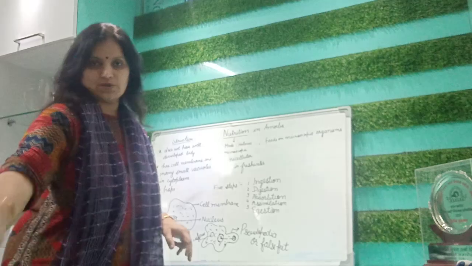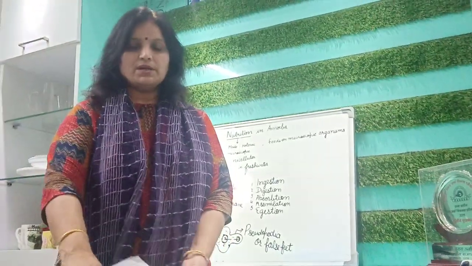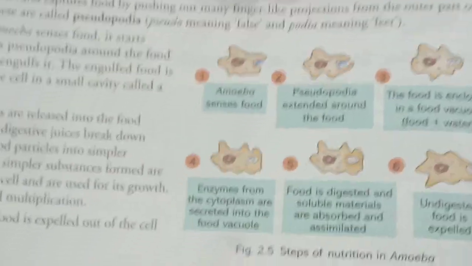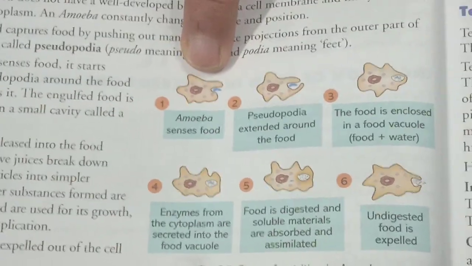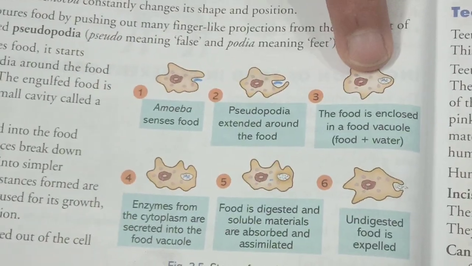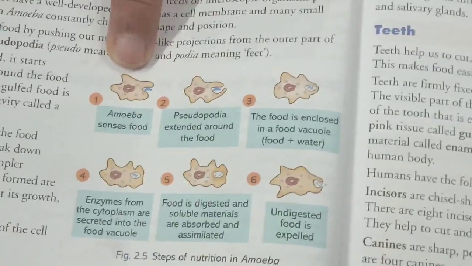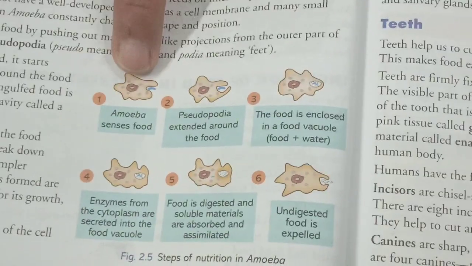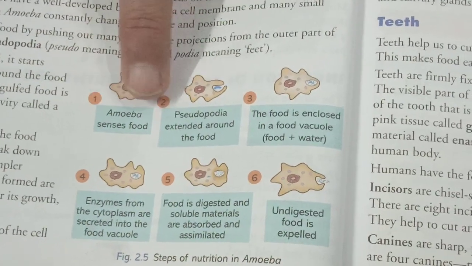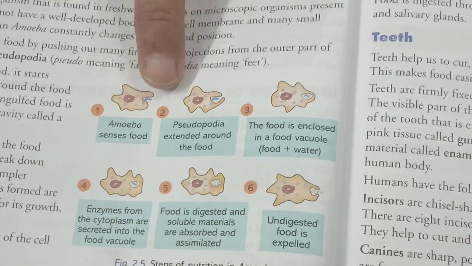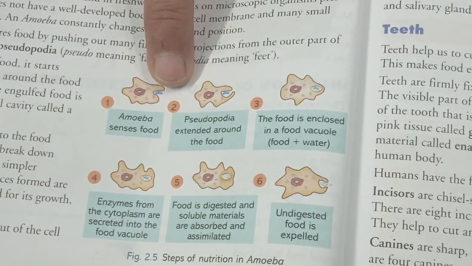Now I am showing you this diagram. Please focus on this diagram. In this diagram, all the activities have been shown stepwise. In the first diagram, it has been shown that amoeba senses food. Whenever a food particle is there, amoeba senses it.